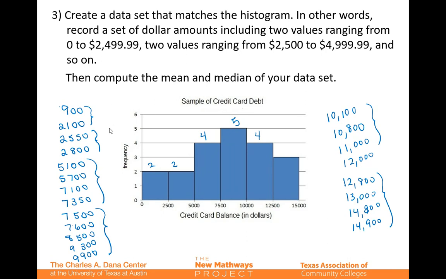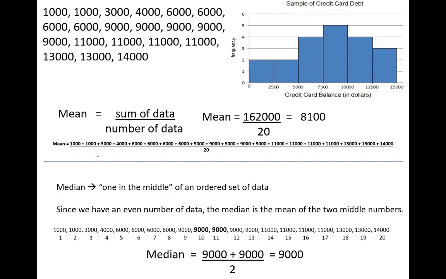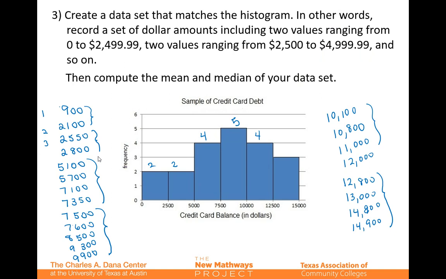Mean is and median. The median is going to be the average of the 10th and 11th data point. So let's count our data points. 1, 2, 3, whoops. Oh man, it better not have erased that. Nope, didn't. 4, 5, 6, 7, 8, 9, 10, 11, 12, 13, and then 14, 15, 16, 17, 18, 19.